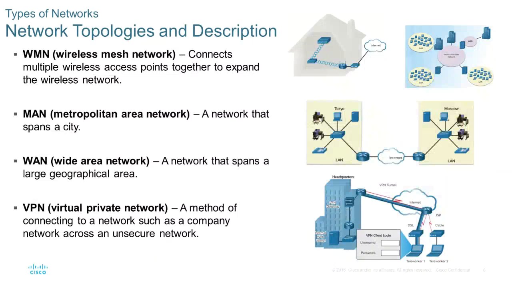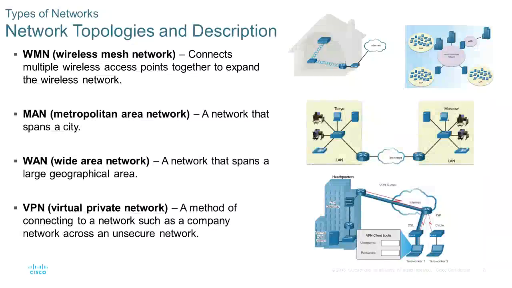A metropolitan area network is basically providing Ethernet speeds over the metro area. It's a hybrid cross between a LAN and a WAN. A WAN is a wide area network that spans a very large area, so going around the world is considered a WAN.